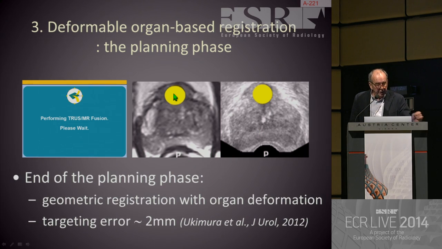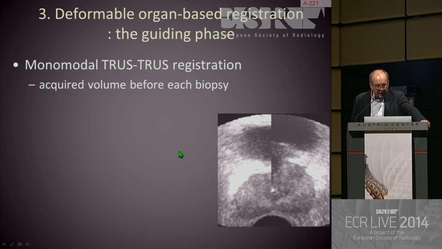And the target looks like a yellow tag. It can be displayed either on TRUS or on MR, indifferently. And the targeting error of such a fusion has been evaluated in a phantom study. It's approximately 2 millimeter.